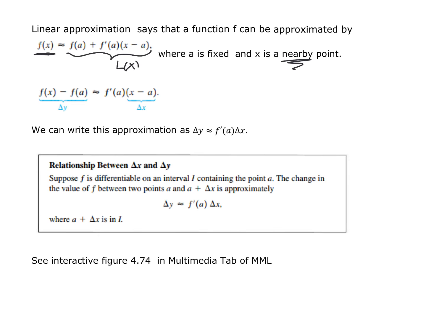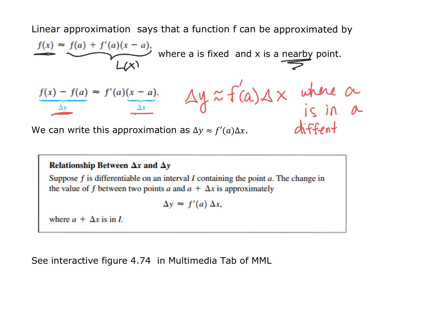A change in y we denote delta y, and a change in x we denote delta x. So now delta y is approximately f prime at a times delta x, where a is in a differentiable interval.